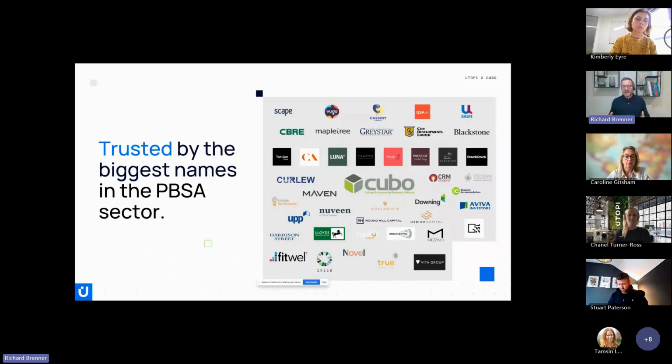And currently today, partnering with about 50% of the operators and managers within the private or purpose-built student accommodation sector, and has about 15 to 20% of their estates within that, and growing pretty much on a week by week basis. And as the reason why we're here, really delighted at the start of the year being able to partner with CUBO and start to come in and have conversations with the university landscape as well.